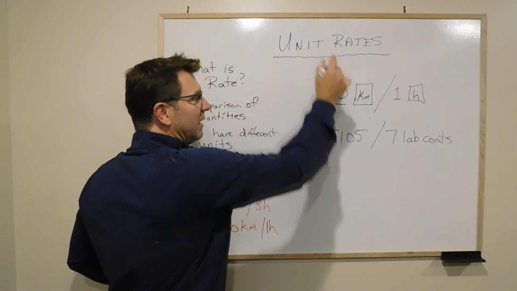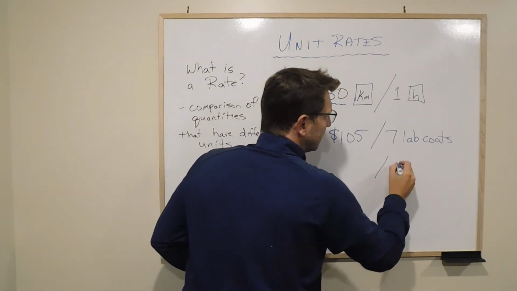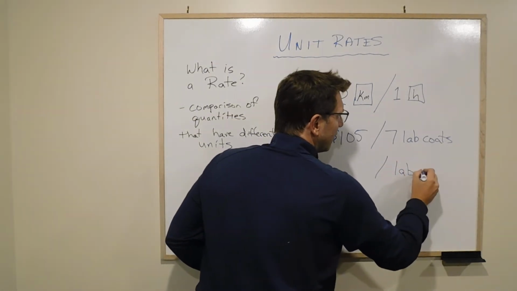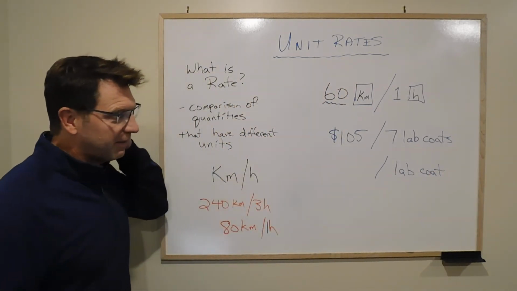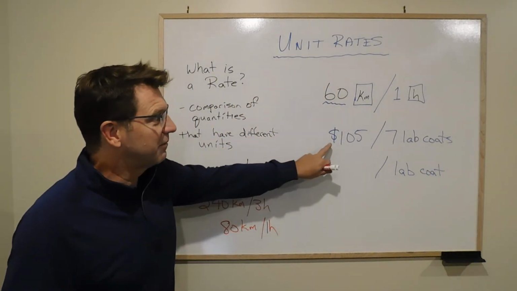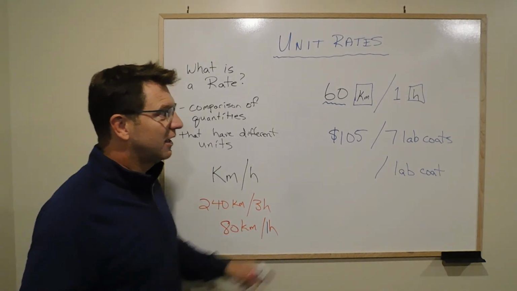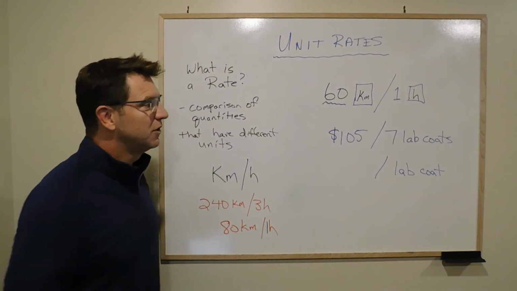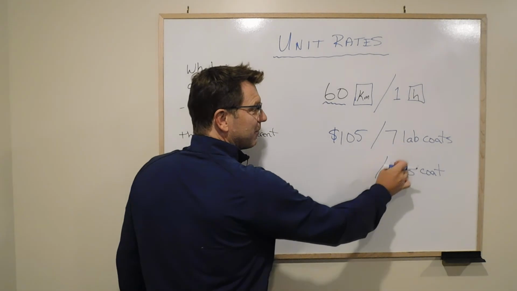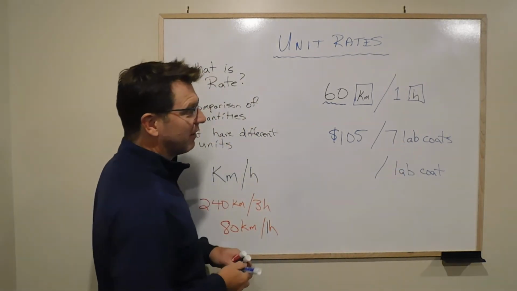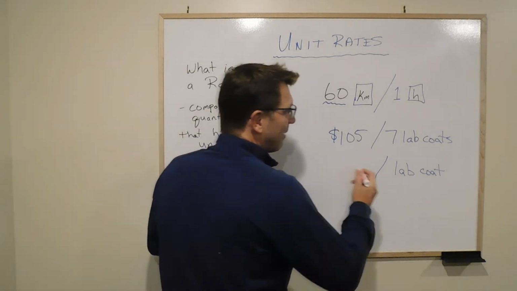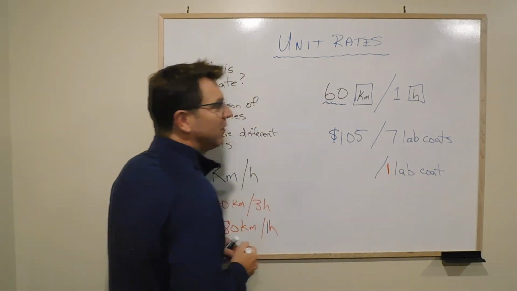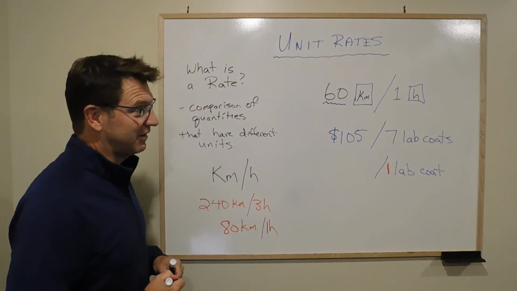Now a unit rate wants to know how much it is per lab coat, per 1 lab coat, right? So my dollars is compared to my lab coats. Well, to get from 7 lab coats to 1 lab coat, and we don't ever need to show the one, okay, but we can. To get from 7 lab coats to 1 lab coat, we had to divide by 7, right?